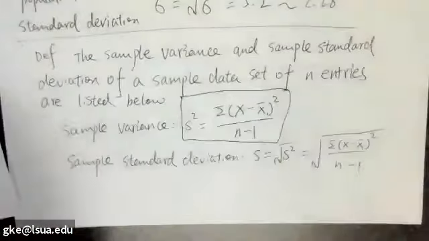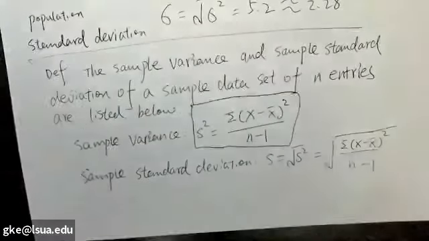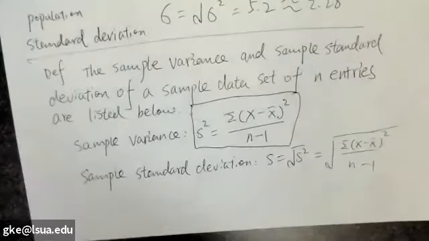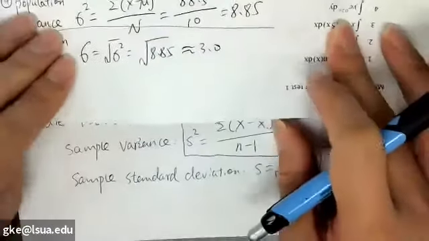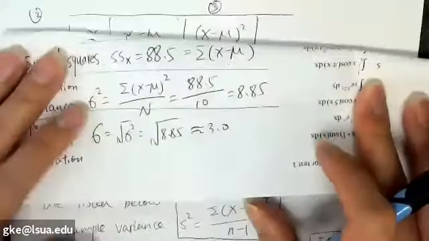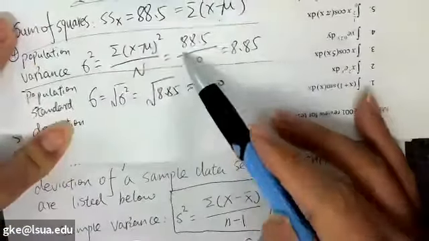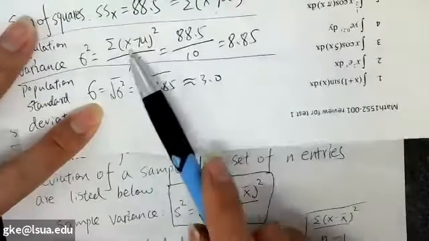Now let's take a look at the definition of population variance. For the population variance, we have very similar things.